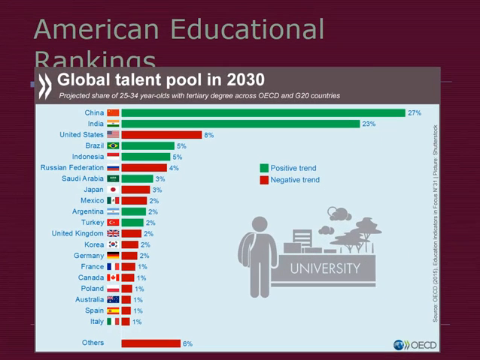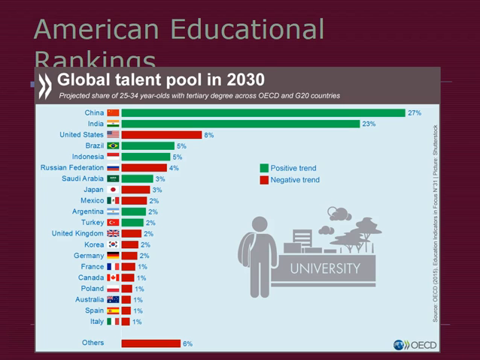The Global Talent Pool measures not necessarily where we're at now, but where we're trending. Are we trending up or down? And America is trending down. This shows us the projected share of 25 to 34-year-olds with a tertiary degree across the OECD and G20 countries. China's on the upward move, India's on the upward move, Brazil, Indonesia, all upward moving.